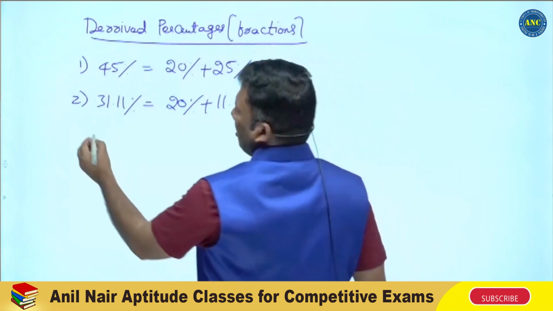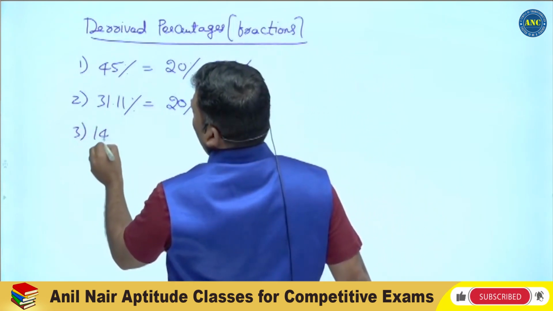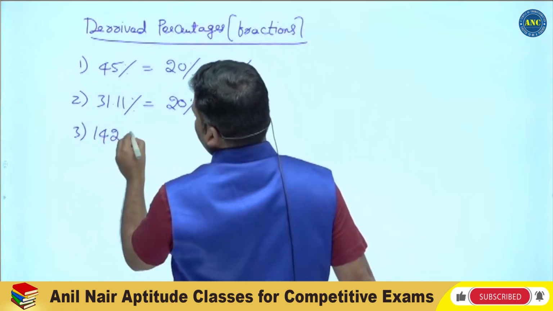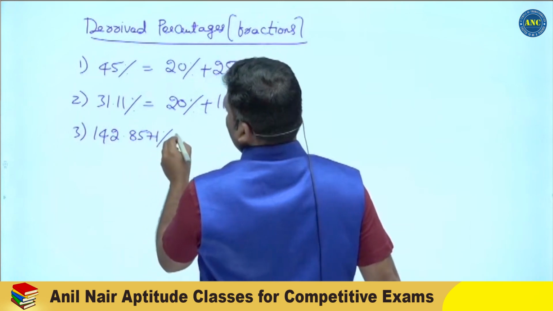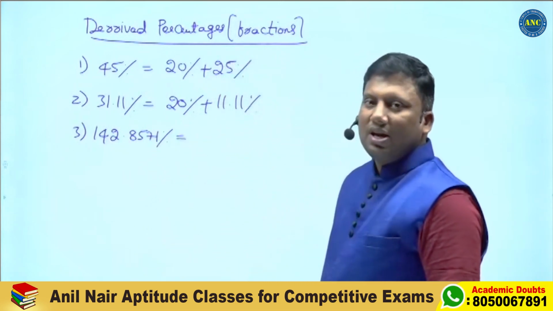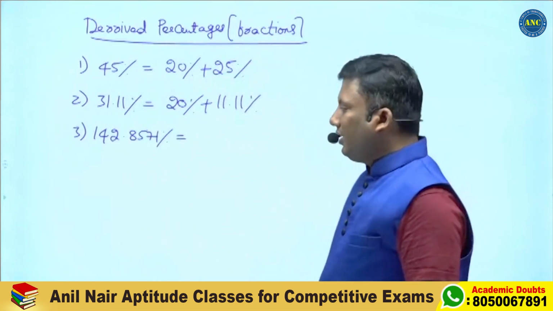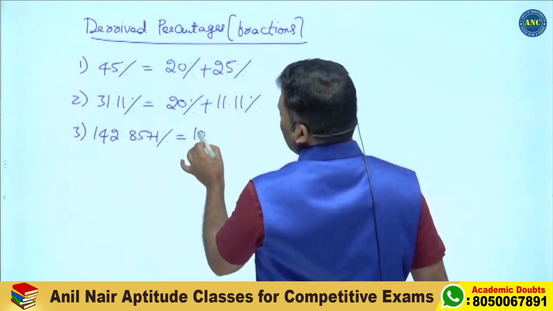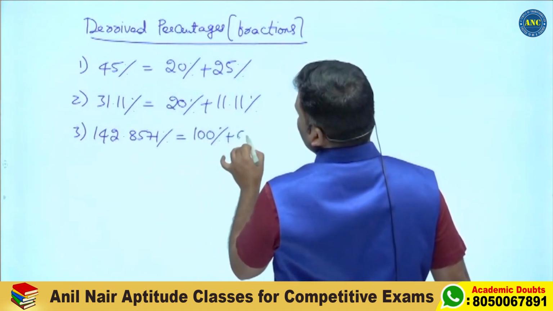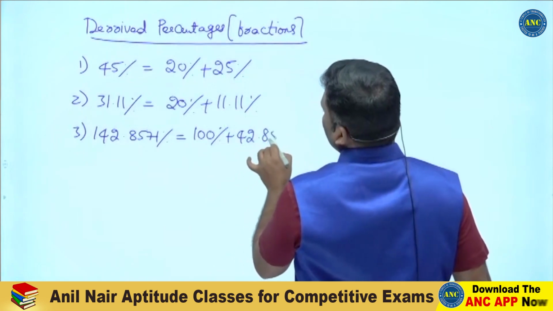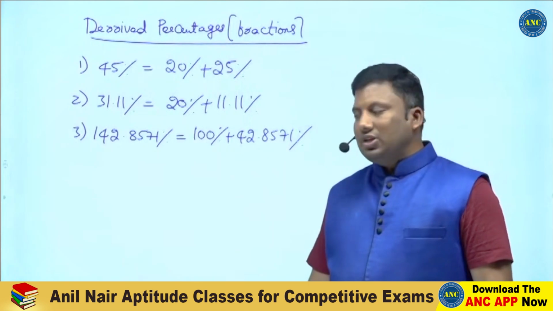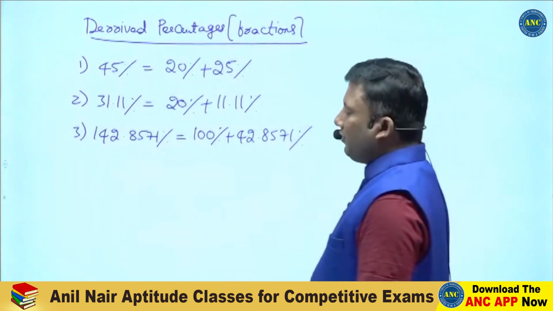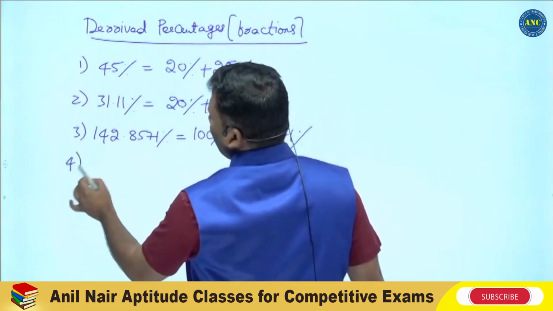All of these I am going to use in my next few classes. Suppose the question is 142.8571 percentage. This can be used as 100 percentage plus 42.8571 percentage. I hope the idea is clear.